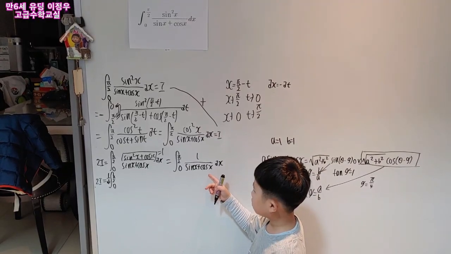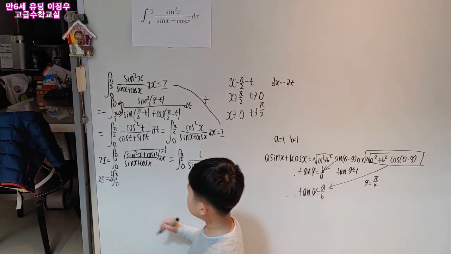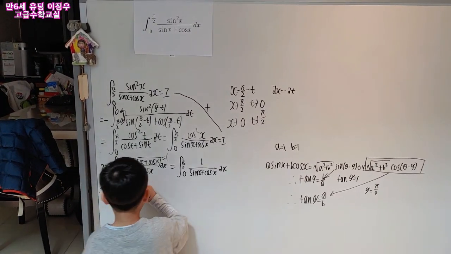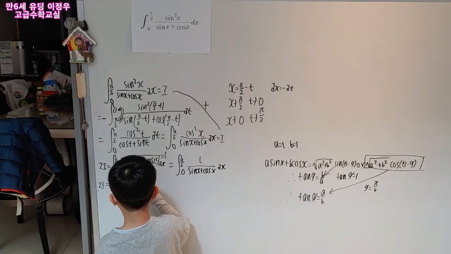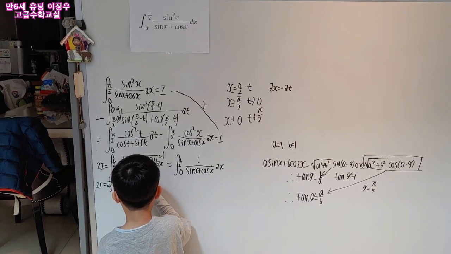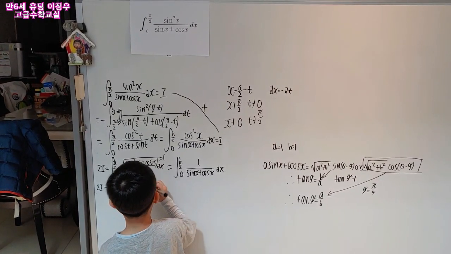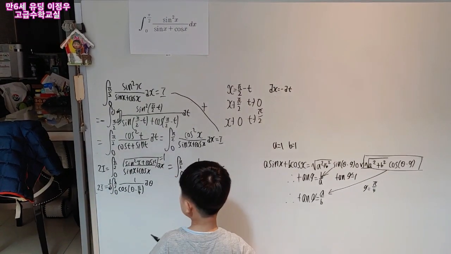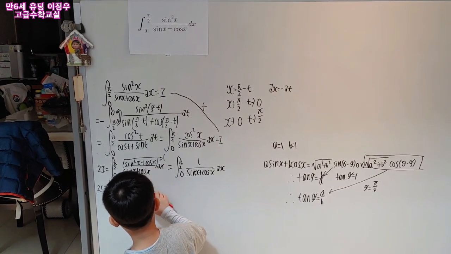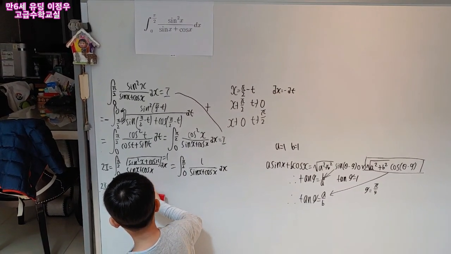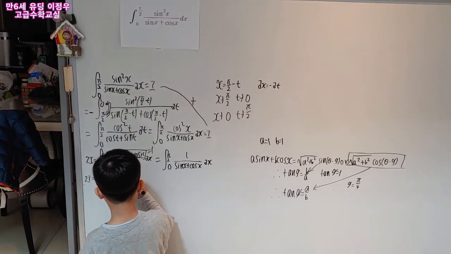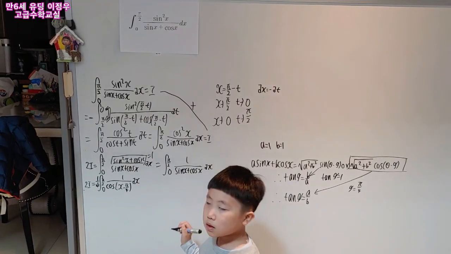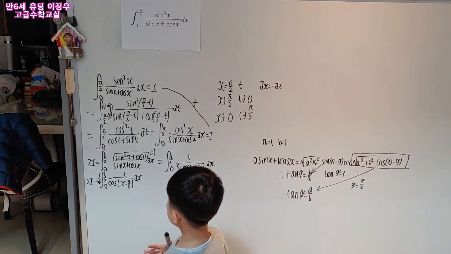Then sine x plus cosine x goes to root 2 cosine of x minus pi over 4, over 1, dx.